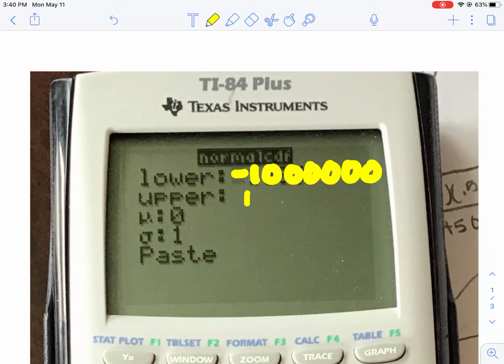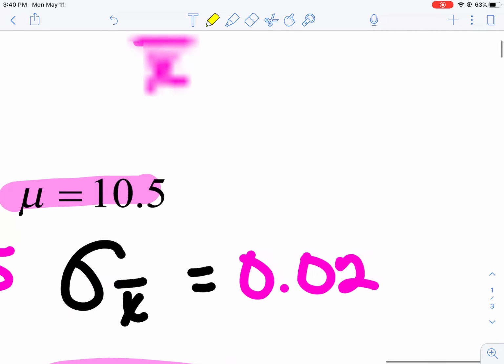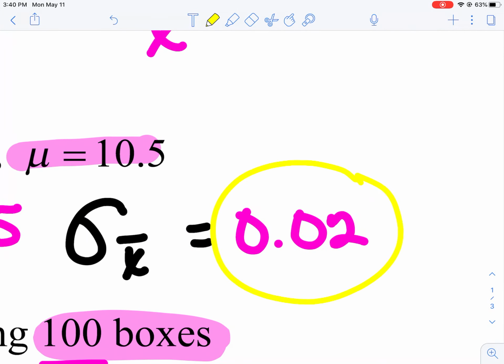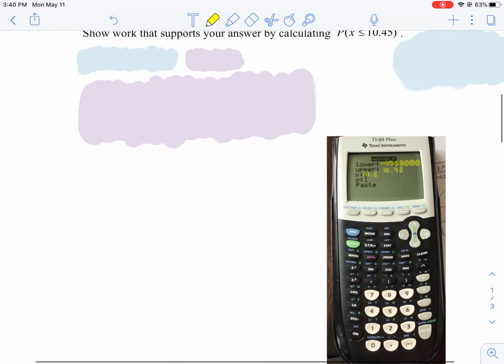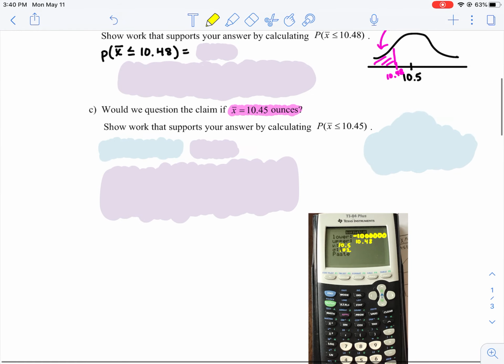And then our upper bound is 10.48. So what's the probability of getting 10.48 ounces or less if the mean is 10.5 with the standard deviation of, and we need to use this standard deviation, the 0.02. Enter, enter, enter all the way through, and you will get your probability.